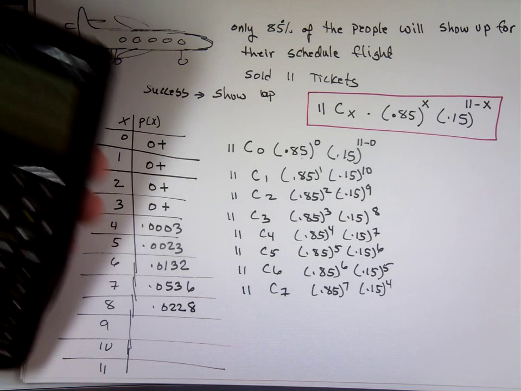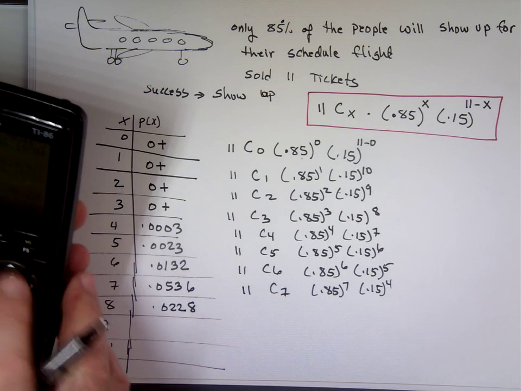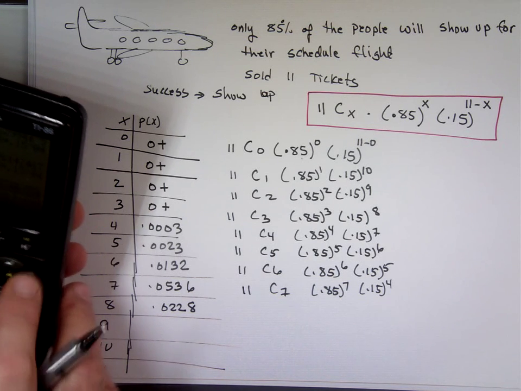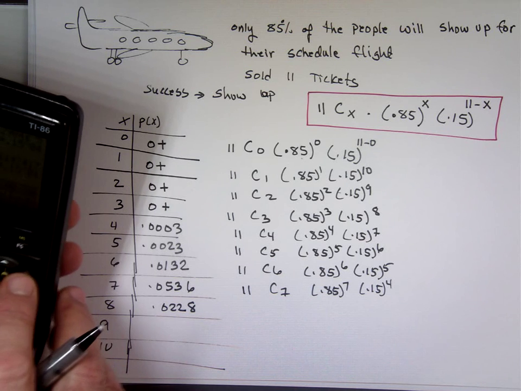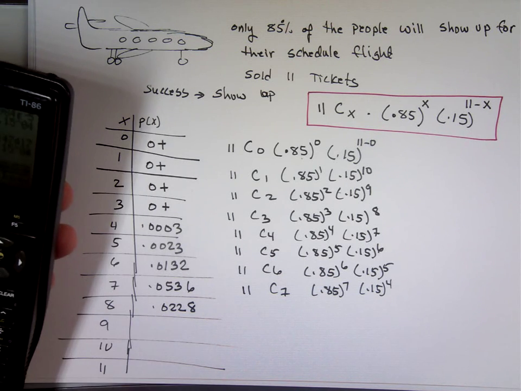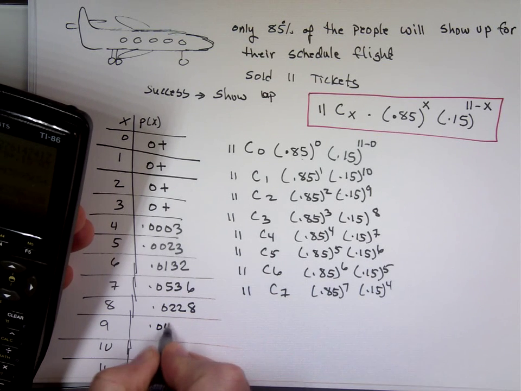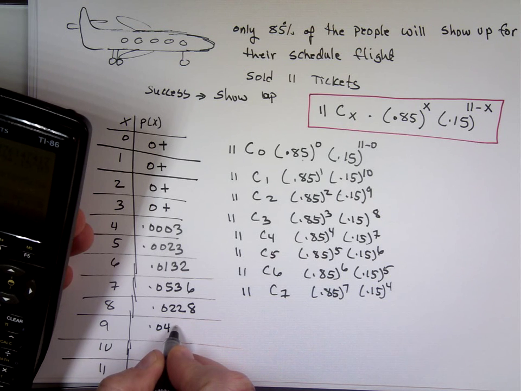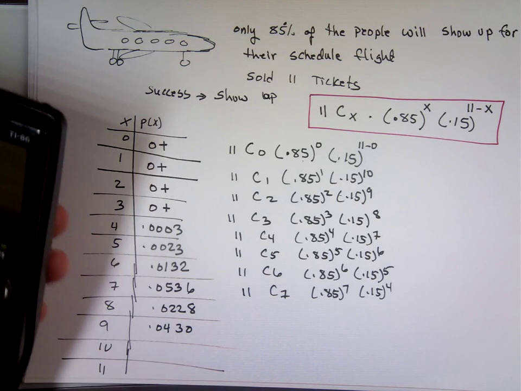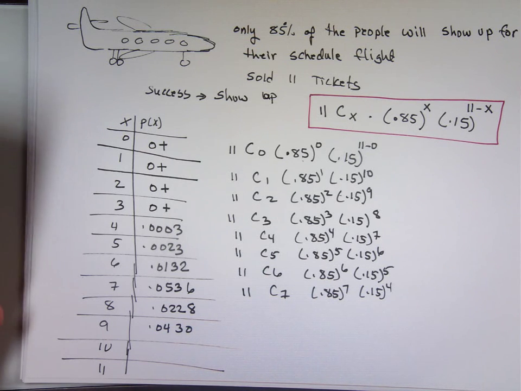Mm-hmm. The next one, 9, gives 0.0429. How about for 10? 10.